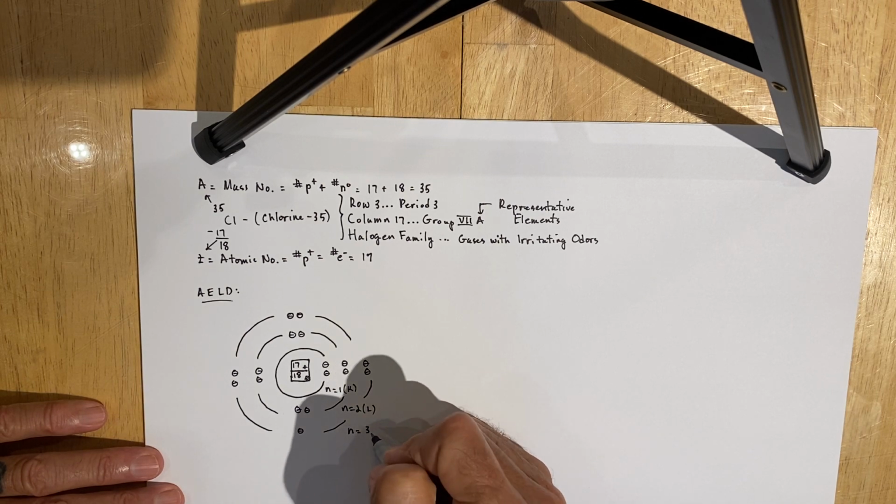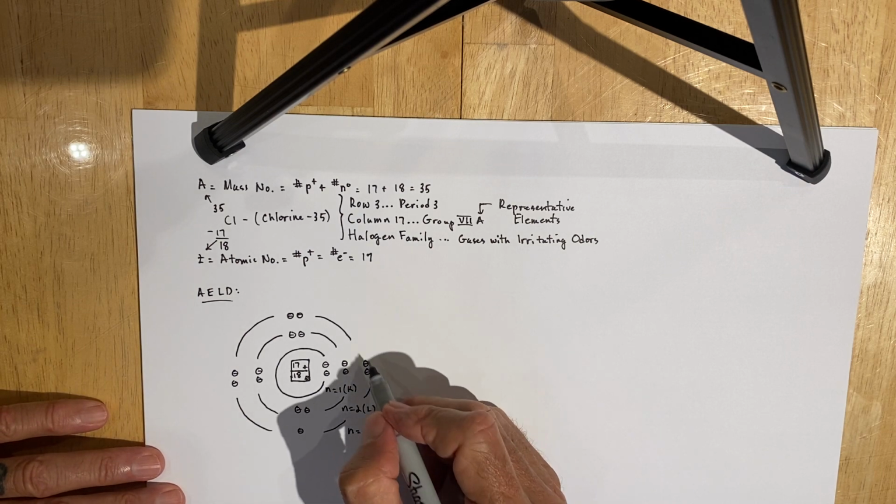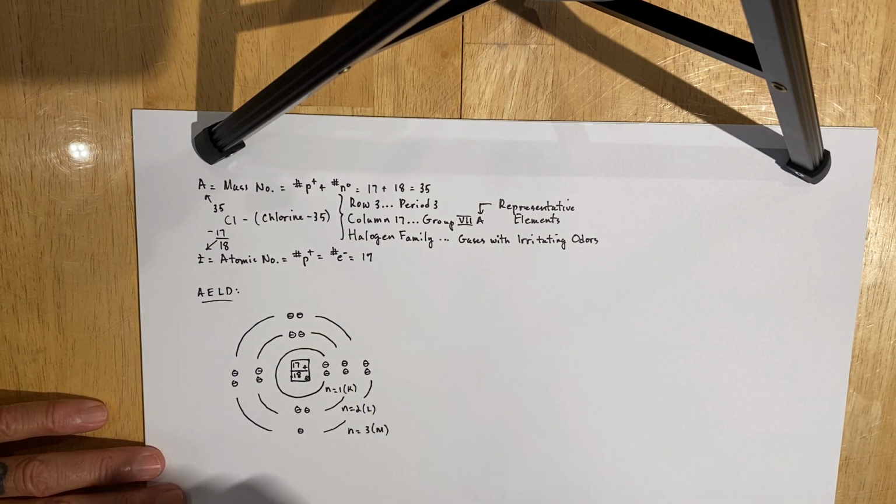So the third energy level is the n equals 3 or M shell. And you can clearly see that it's got 2, 4, 6, 7 valence electrons.